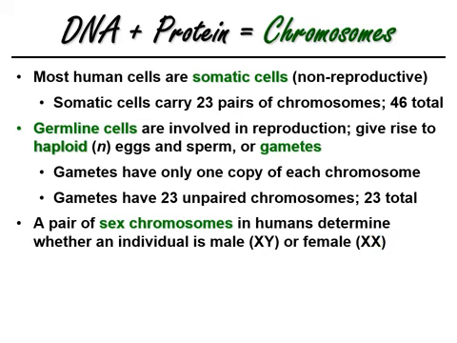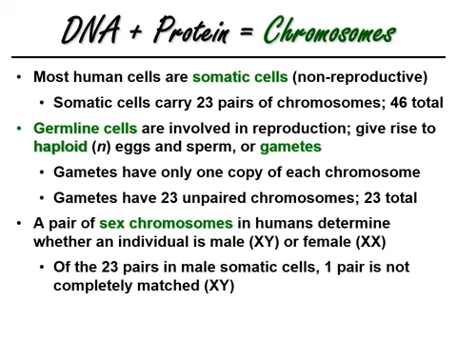The vast majority of individuals on the planet are XY male, XX female. And so of the 23 pairs in male somatic cells, one pair, as I alluded to, is not completely matched. The X and the Y chromosome, I think I showed you those in that karyotype from the first chapter. X is a very large chromosome. Y is a very small chromosome. They are comically mismatched in size, and therefore they are certainly not homologous.